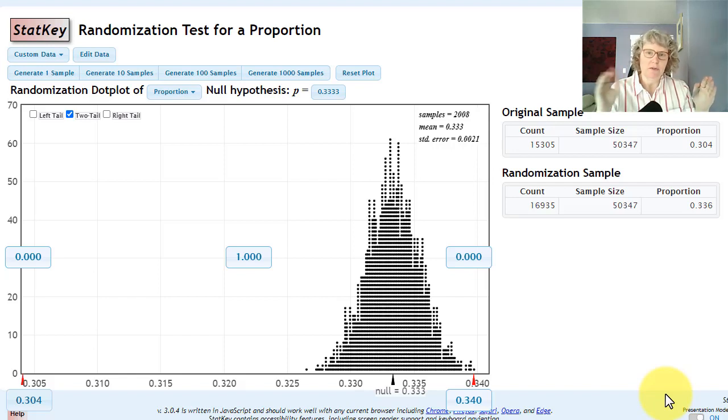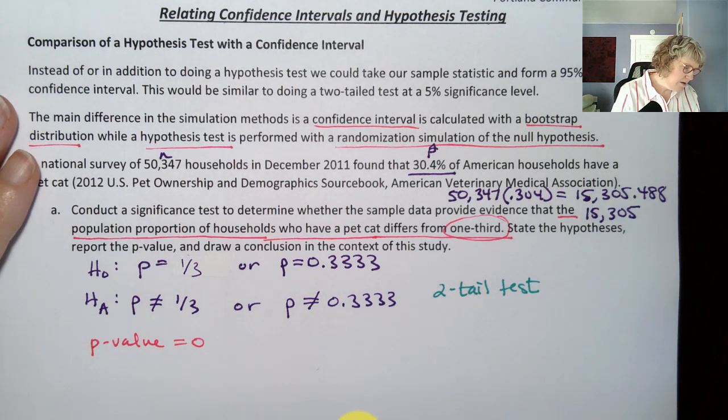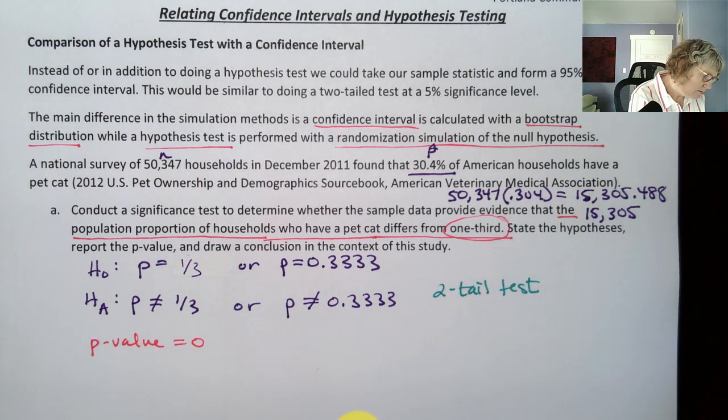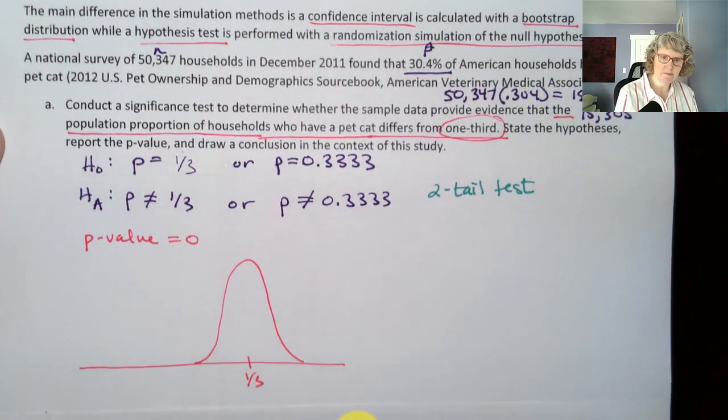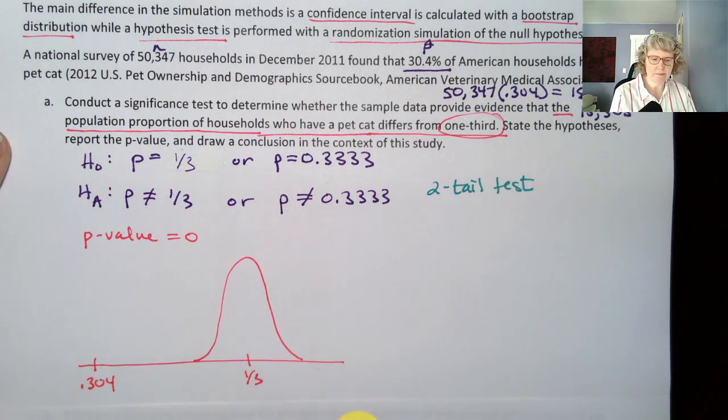So our p-value is 0. I'm going to draw a very narrow distribution around 1/3, and our value of 0.304 was way below that.